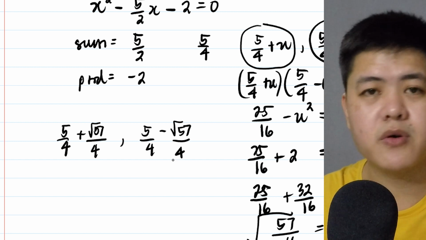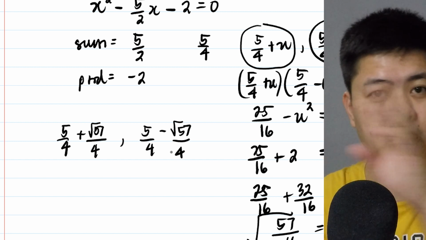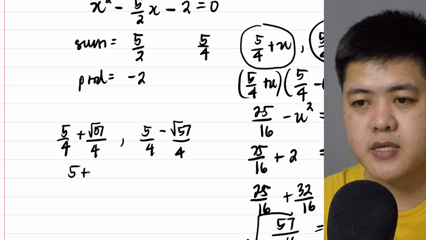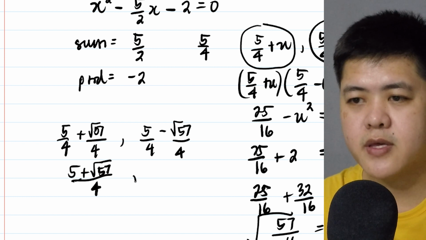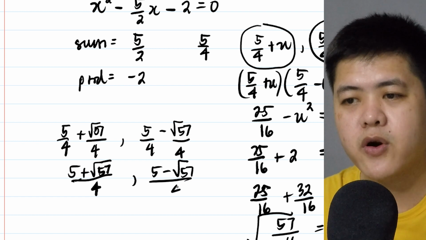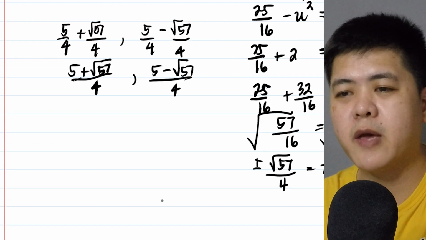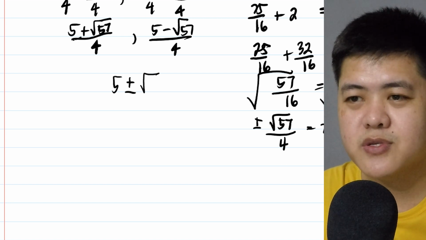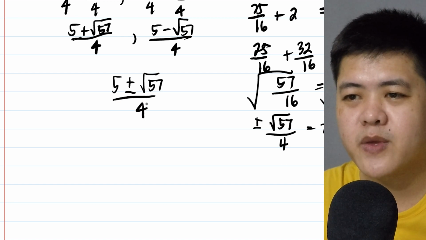Now, there's a compact way of writing this. We'll get 5 plus square root of 57 over 4. And the other one is 5 minus square root of 57 over 4, or mas compact pa na way para isulat to. The roots are 5 plus or minus square root of 57 all over 4.